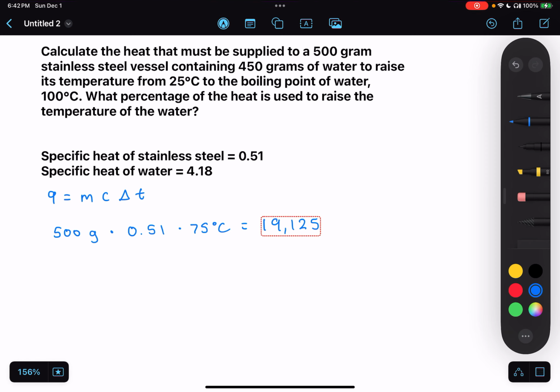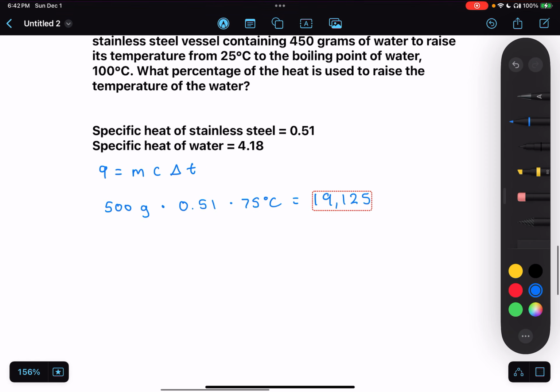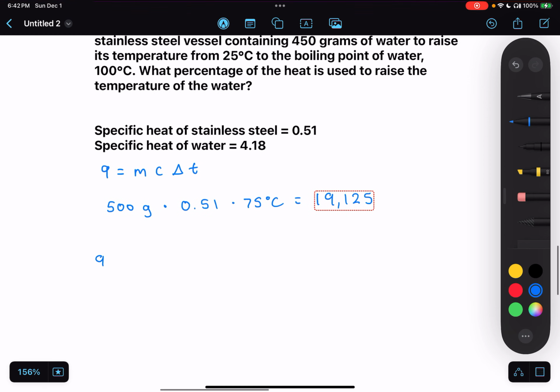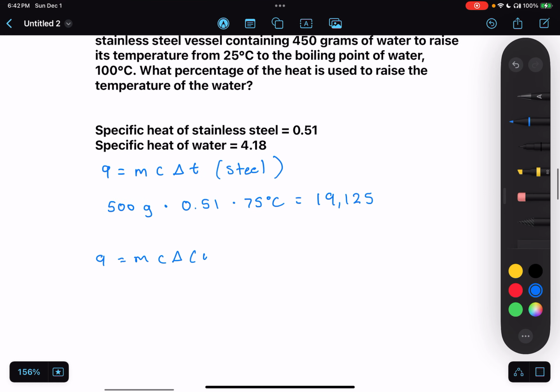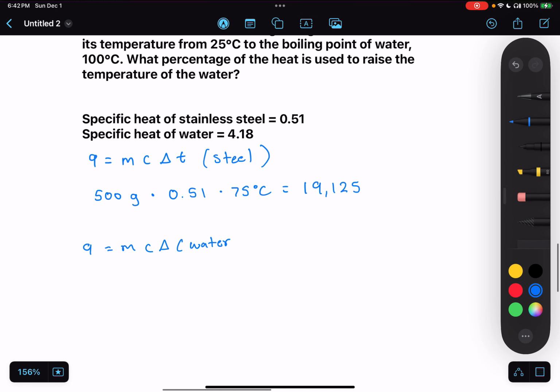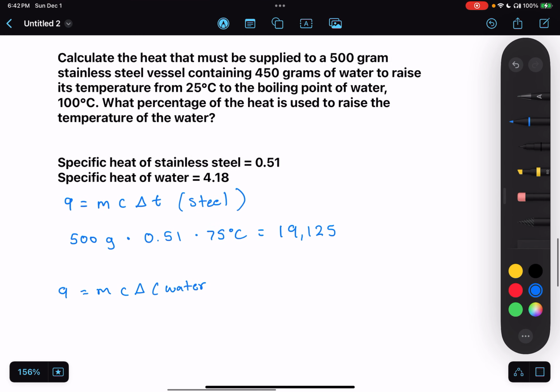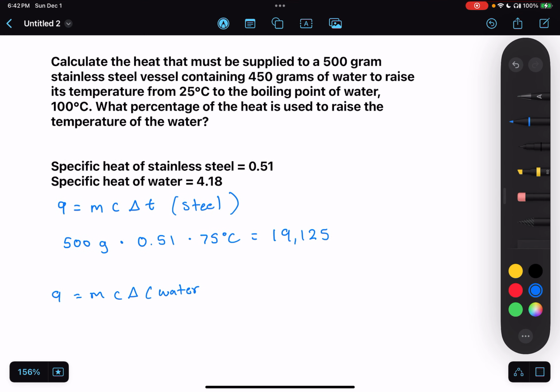All right, then we got to calculate this. We'll do steel, and then we got to calculate the heat for water. Okay, so water is going to be 4.18. The mass of water, oh, different mass of water. We got 450 grams of water.